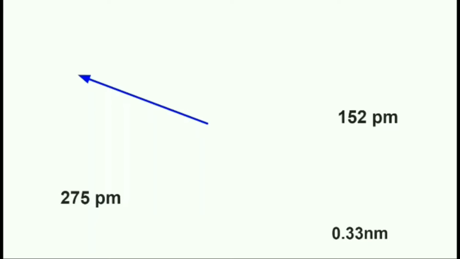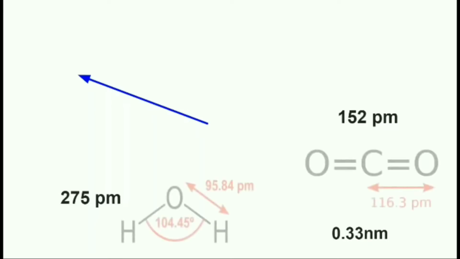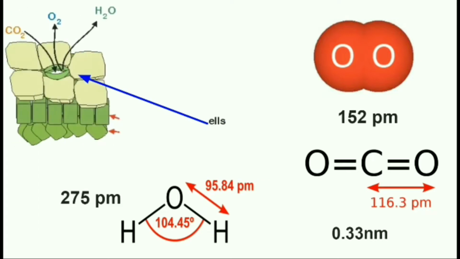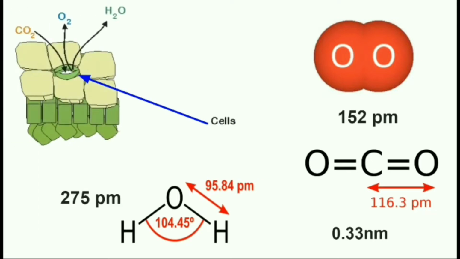The molecules like carbon dioxide, water and oxygen, which are smaller in size, say 0.33 nanometer, 275 picometer and 152 picometer respectively, can diffuse through the openings of cells, which are greater in size.